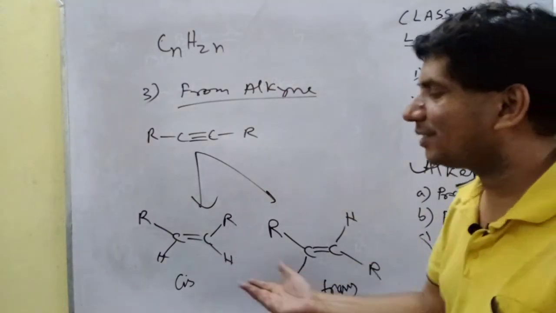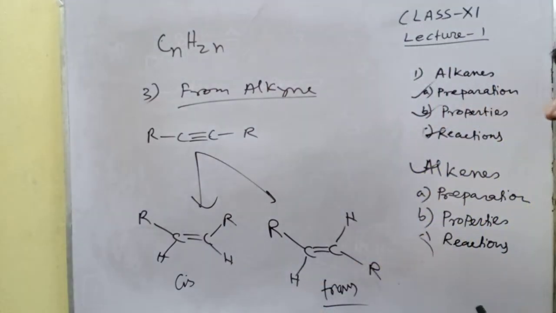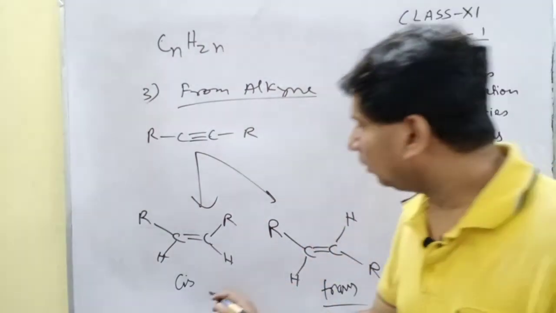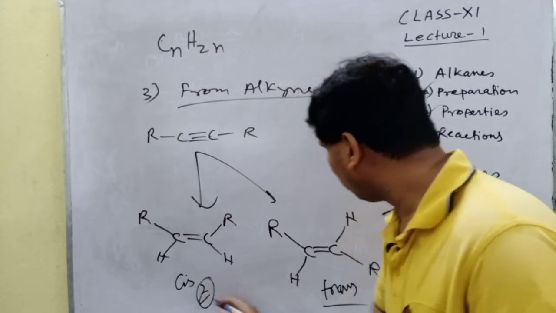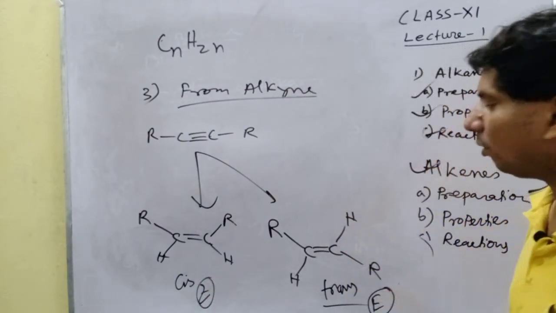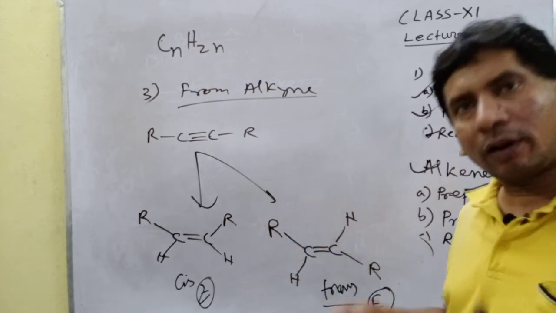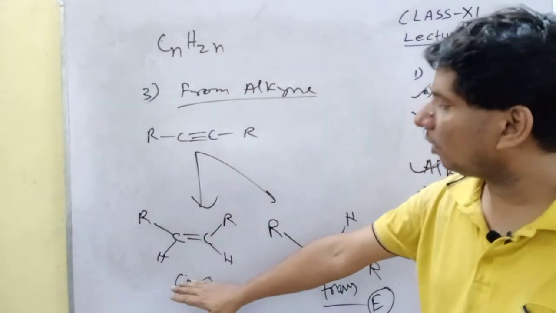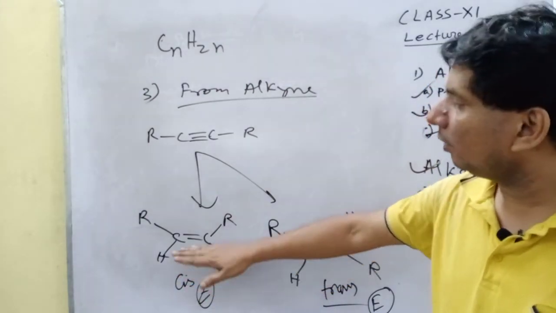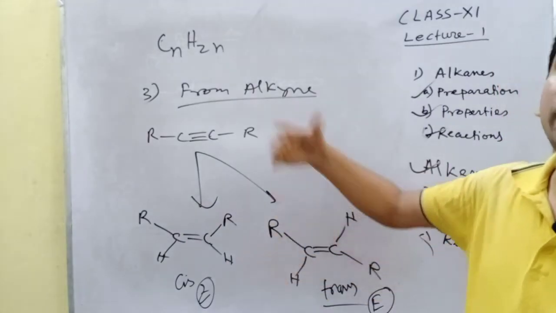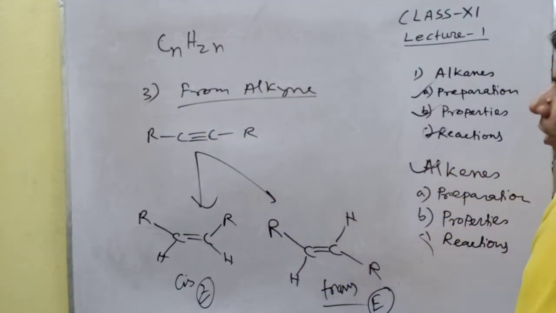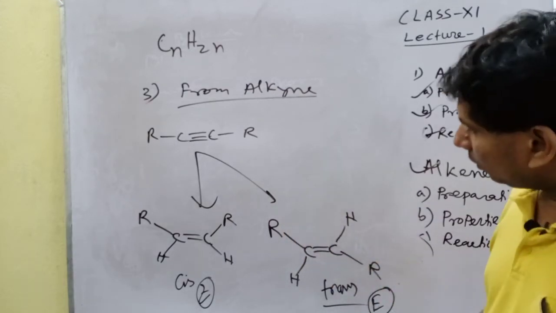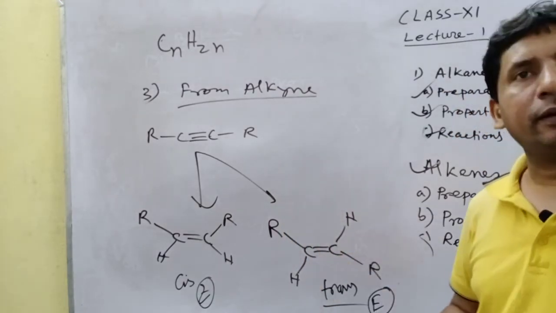Or EZ, no problem, that is Z compound and E compound. EZ nomenclature or cis trans nomenclature. Cis or Z compound means the same or similar group remains on the same side of the double bond, and the same or similar group remains on the opposite side in the other.